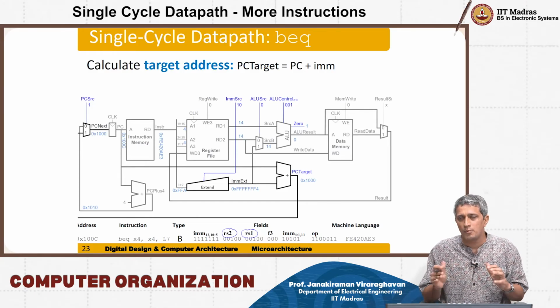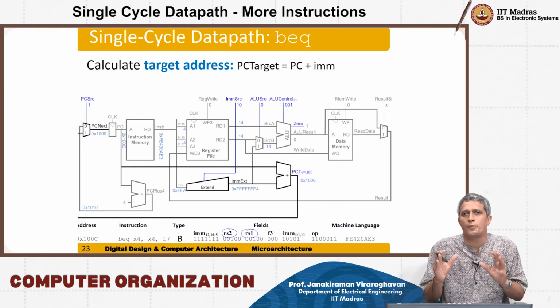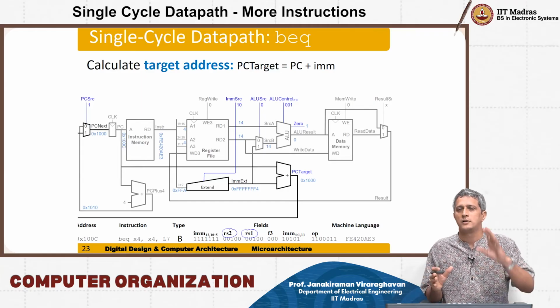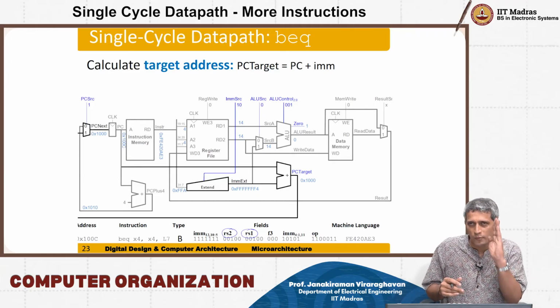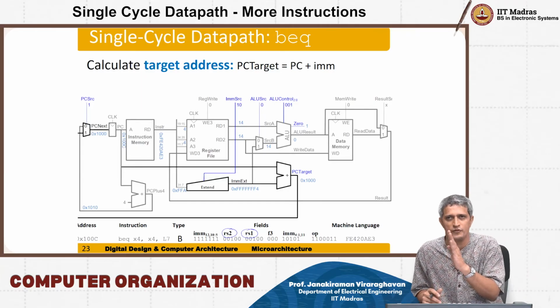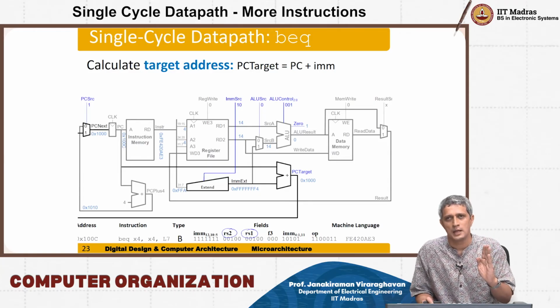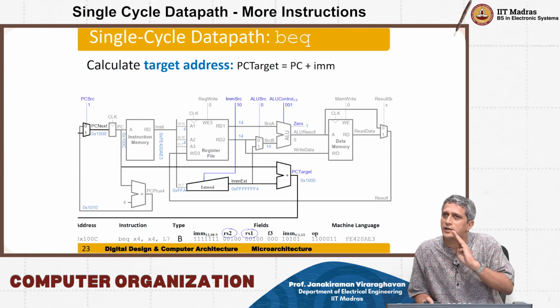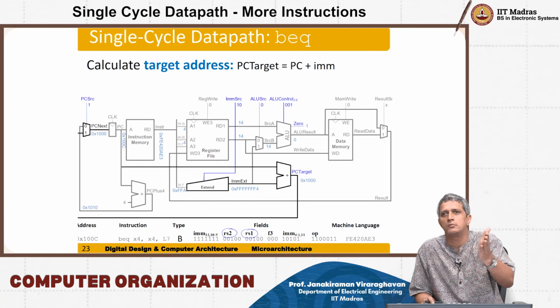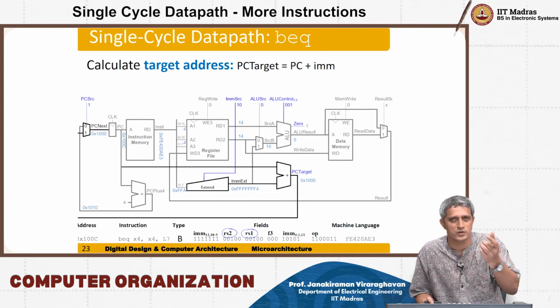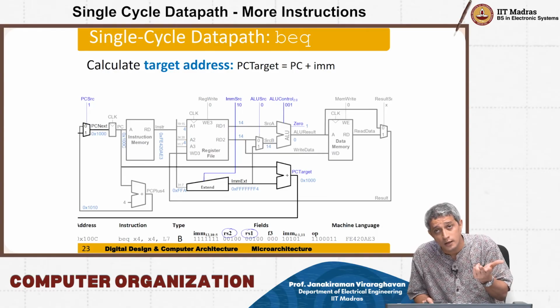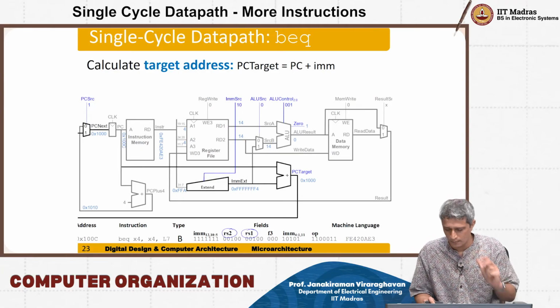Now, remember, all the operations that we did started with one flip-flop latching some data, which was the program counter, and data got written back into some other sequential element. It was either a register or the data memory.